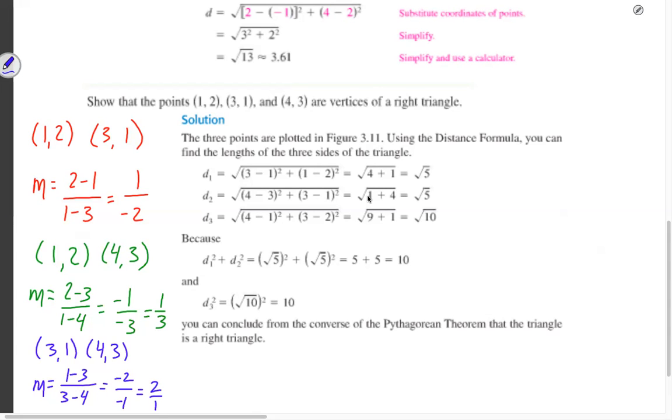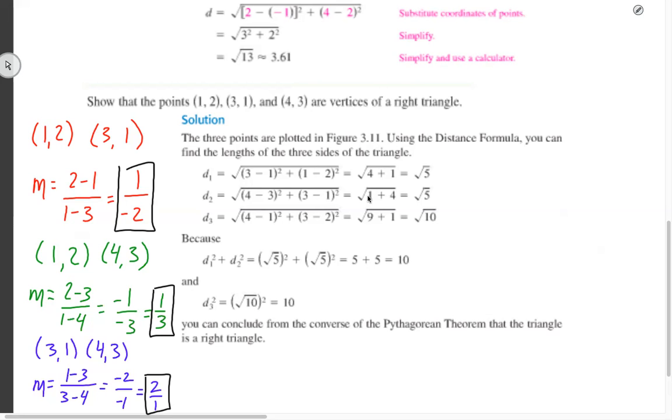And I would have looked at these slopes here, here, and here. And I would have said, hey, the red one and blue one are opposite reciprocals. And that's a triangle. Okay, I would have plotted, I would have graphed it, plotted those points, been like, we got a triangle. My slopes are perpendicular, we're good to go.